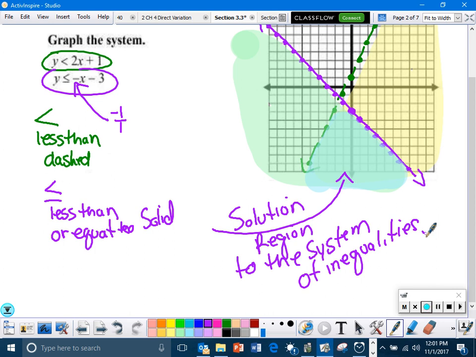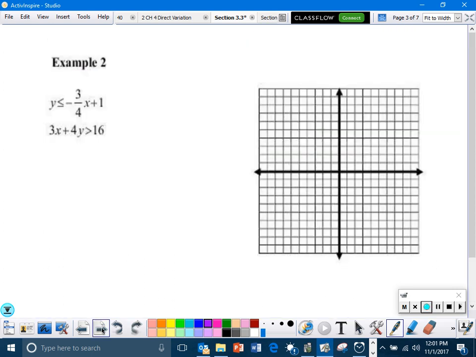Again, at any time, you may pause and rewind. Okay, continuing. I'll do this first one in green. It's already in slope-intercept form. So start at 1, and the slope is down 3 over 4.